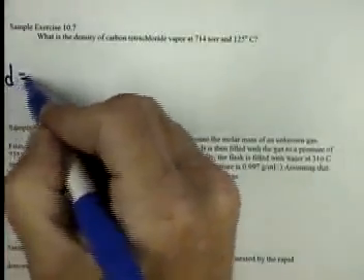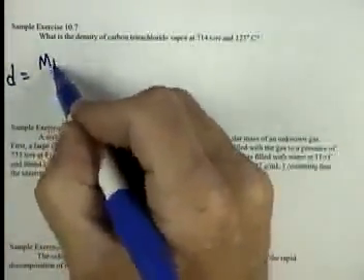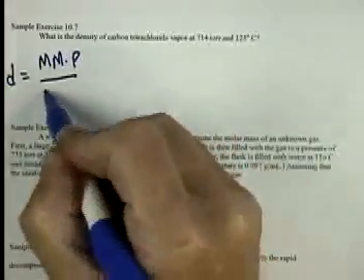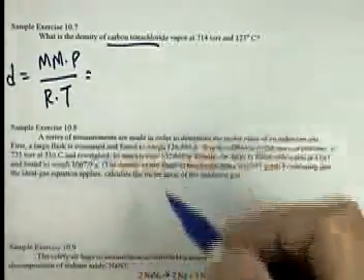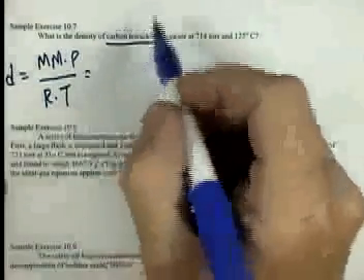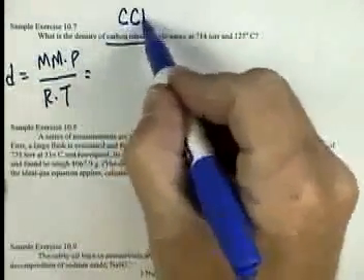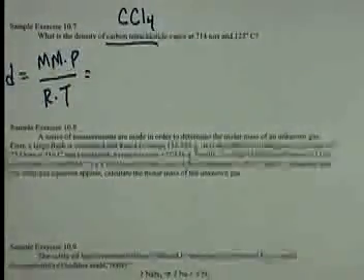Sample exercise 10.7. What is the density of carbon tetrachloride? The new equation that we just derived is that density is equal to molecular mass times pressure divided by R times T. Carbon tetrachloride, if you remember your naming and formula writing, is CCl4.